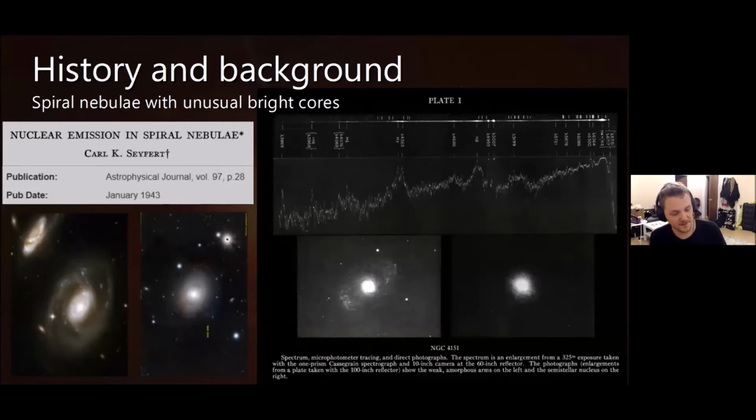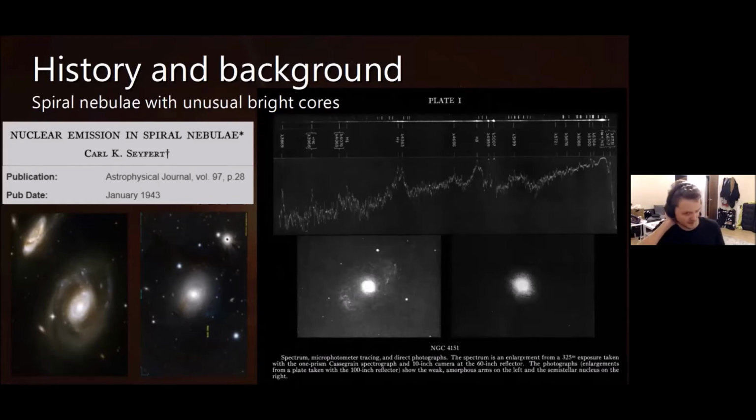I will explain later why the widths are important. But he concluded that they are unusually bright in the nuclear region, and the emission lines are unusually broad compared to other spiral galaxies.